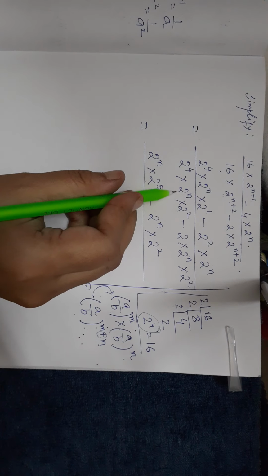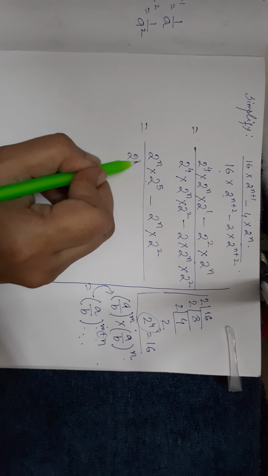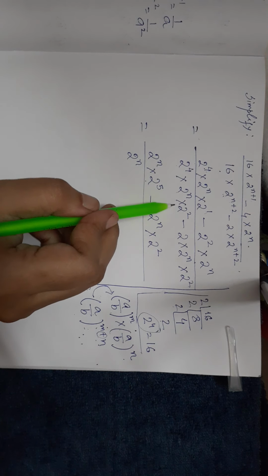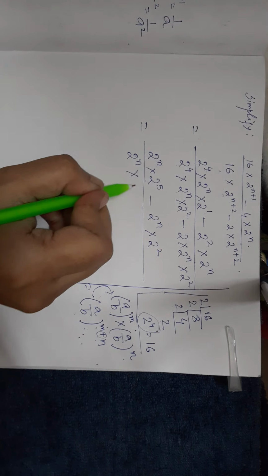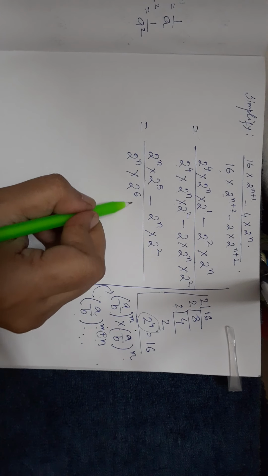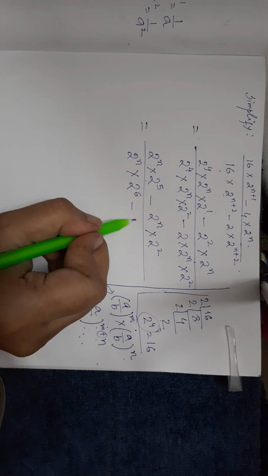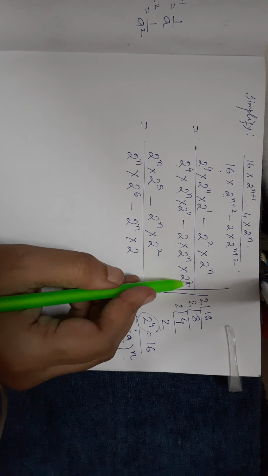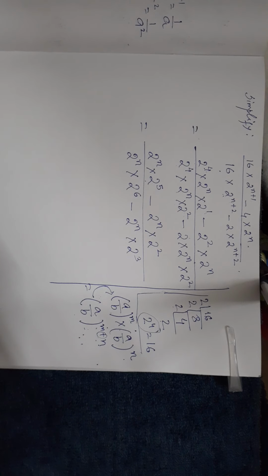Next, we will write first 2 to the power n. Then this one is 2 raised to the power 4 into 2 raised to the power 2, so we will write 2 raised to the power 4 plus 2. It will be 2 raised to the power 6. Then it will be 2 raised to the power n into 2 raised to the power 1 plus 2, that means again 3.